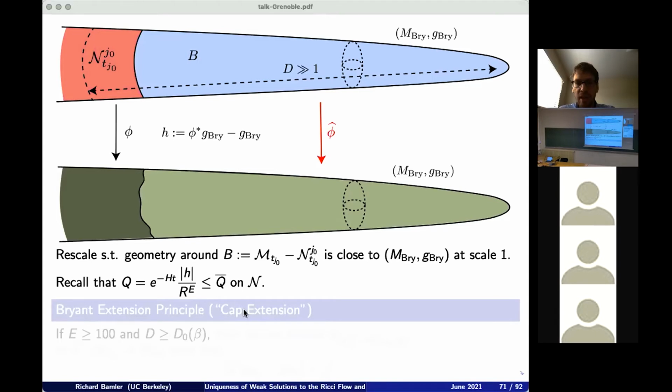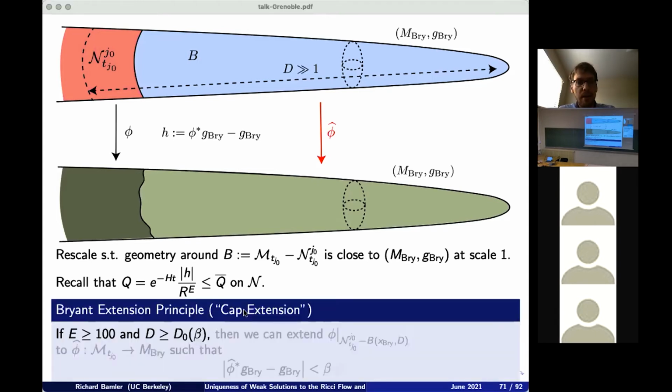Now here's the idea, the main theorem. It says that if we just choose E large enough, and recall we can choose E as large as we can, then this polynomial decay of H is very, very fast. And this dominates the complications that arise from extending an almost isometry over a larger domain.